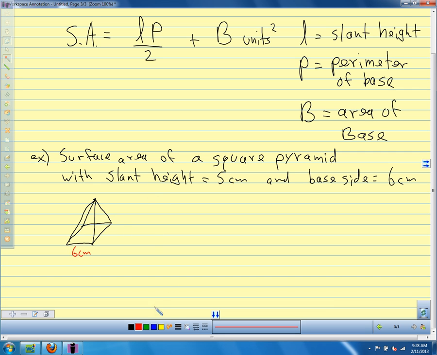It says the slant height is 5 centimeters. So where do I draw my slant height, Preston? Where does our slant height go? We start at the vertex.